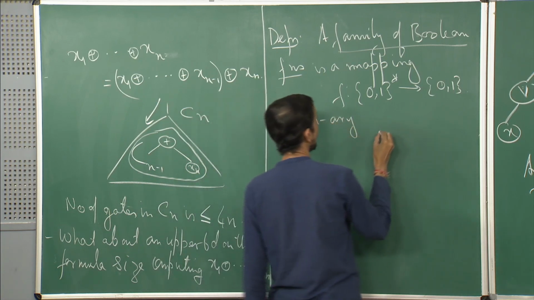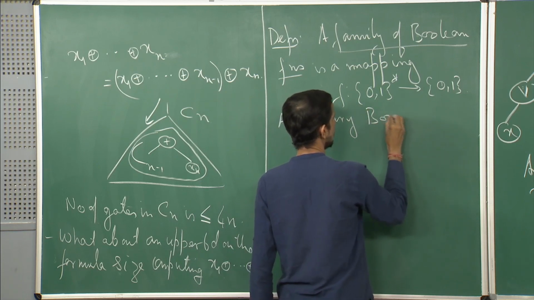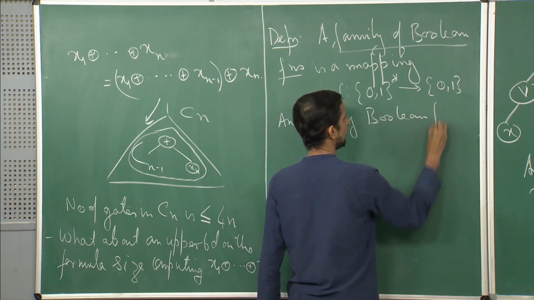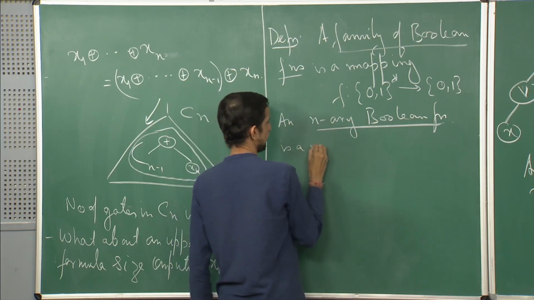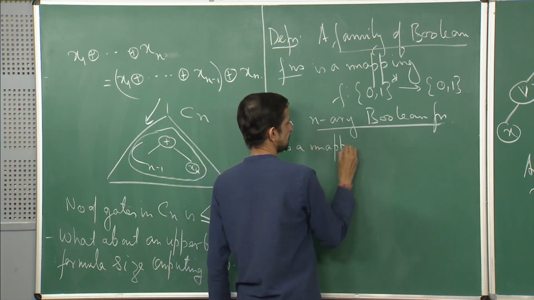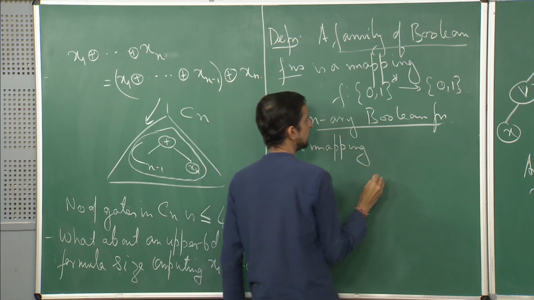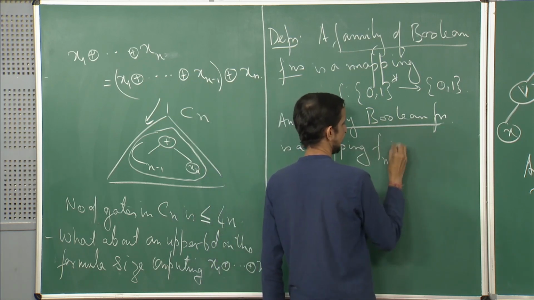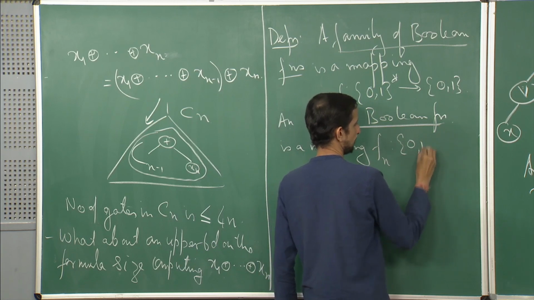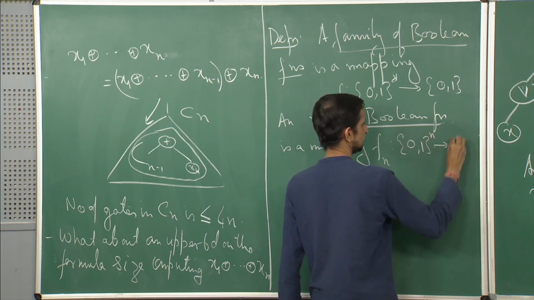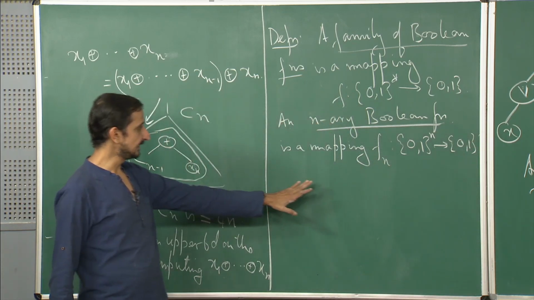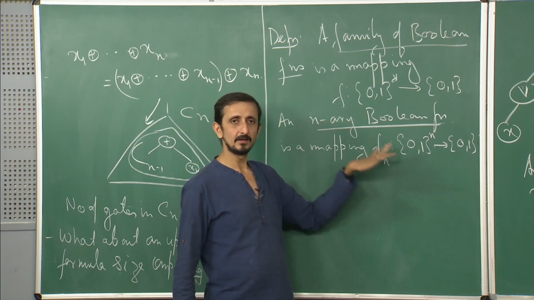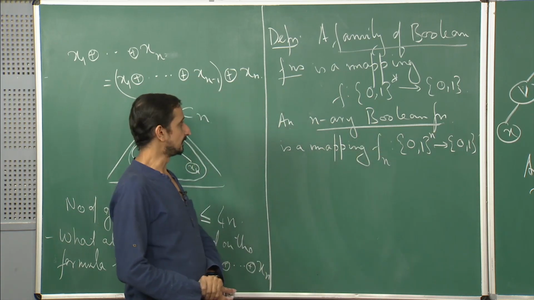And an n-ary Boolean function is a mapping, let me call it f of n, from strings of length 0 1 to the power n to 0 1. Okay, so if the function takes inputs of a fixed length, we call it an n-ary Boolean function.